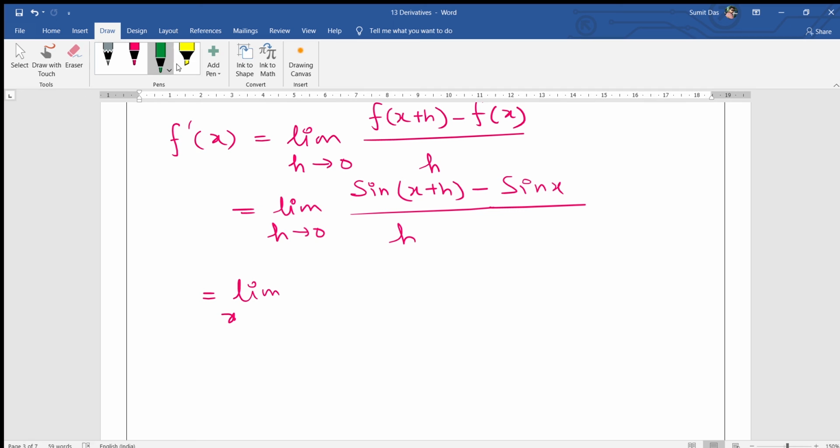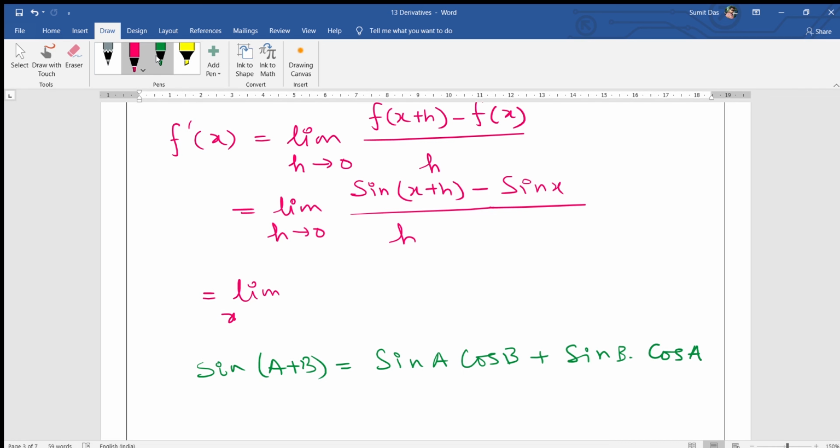Let's see how many of you remember this formula. Sin(a plus b), what is the formula? Sin a cos b plus sin b cos a, right? This was our formula. So we will use the sin(a plus b) formula here.